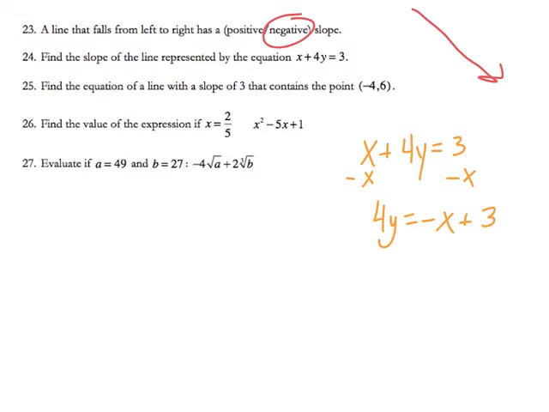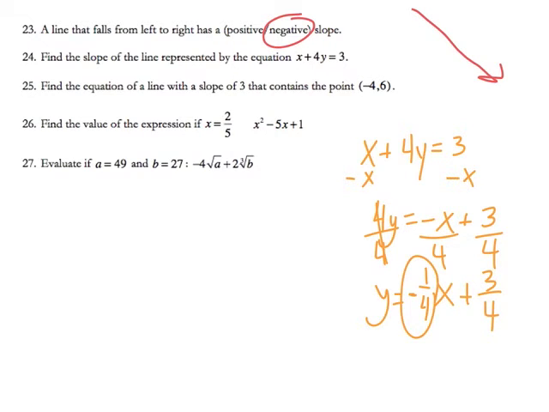And I'm going to divide both sides by 4 to give me y equals. Now, what is the coefficient of this x? Well, it's negative 1/4. I should recognize that x has a negative 1 in front of it because it has a negative sign and no other visible number. And then I have the 3 over 4, which doesn't actually matter because they wanted the slope. So negative 1/4 x. Be very careful that you don't try to say that it's negative 4.